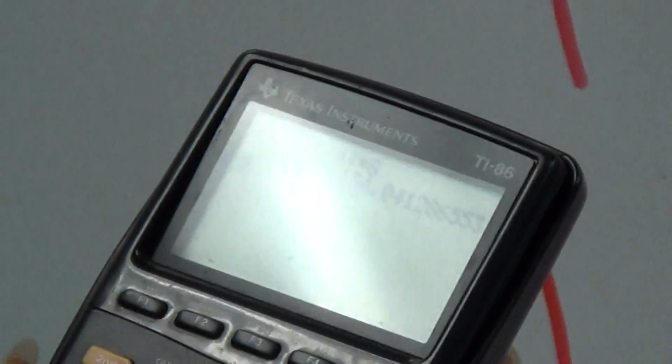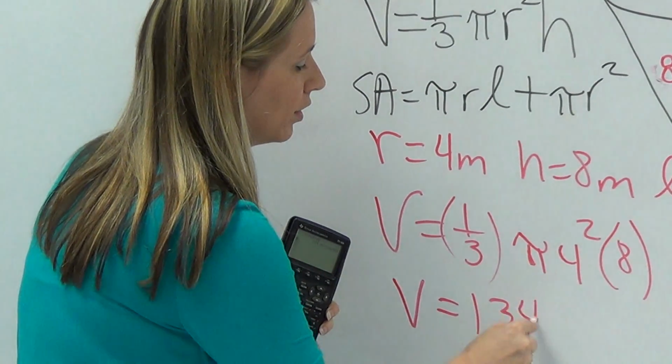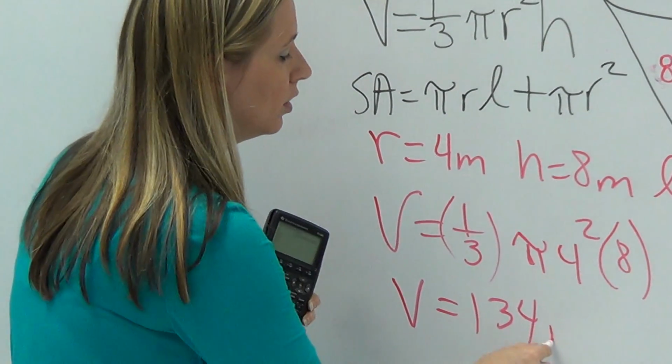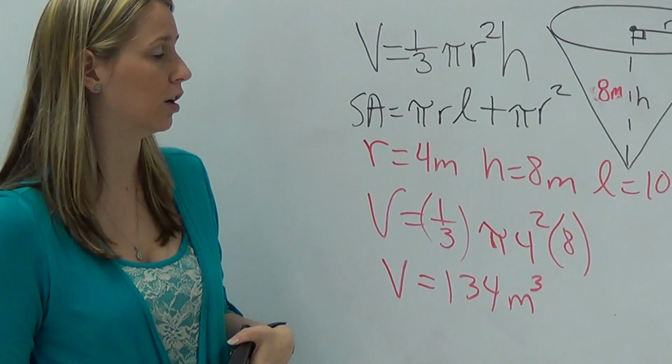And then you got it all in there, so you can hit enter. And that gives you 134.04, so let's say 134. So volume is 134, and we still work in cubed, meters cubed. So that's volume of a cone.